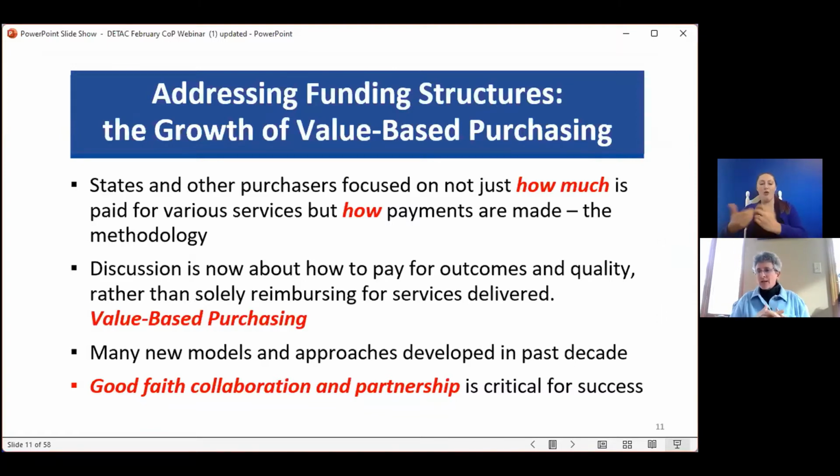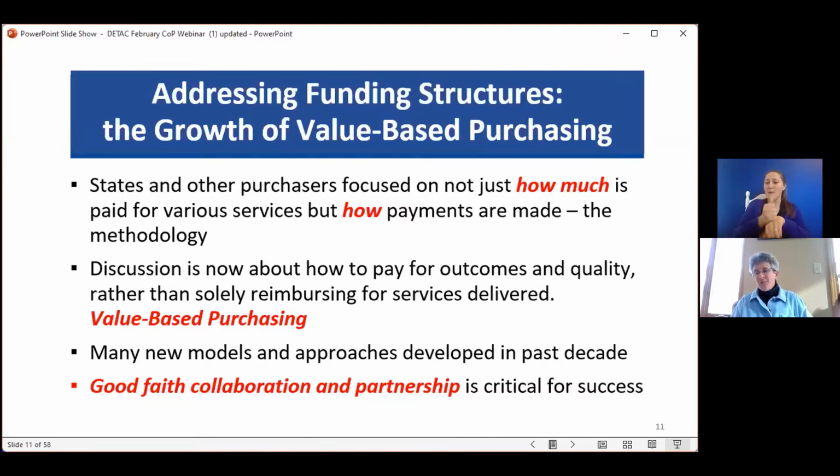And so quickly the discussion has moved from how much do we pay for service to wouldn't it be great if we could just pay for outcomes and quality, rather than solely focusing on reimbursing for how much service is being delivered. And really that is the beginning of the conversations about value-based purchasing.